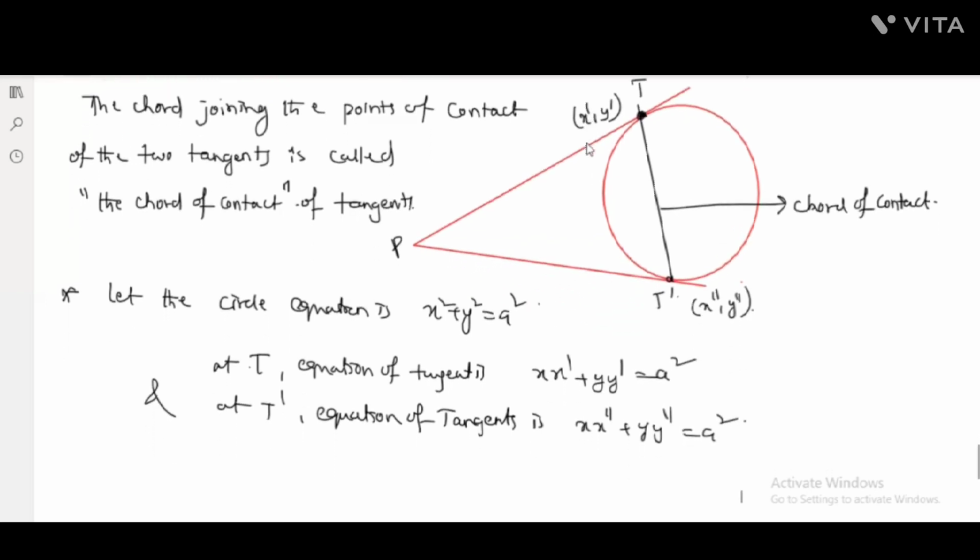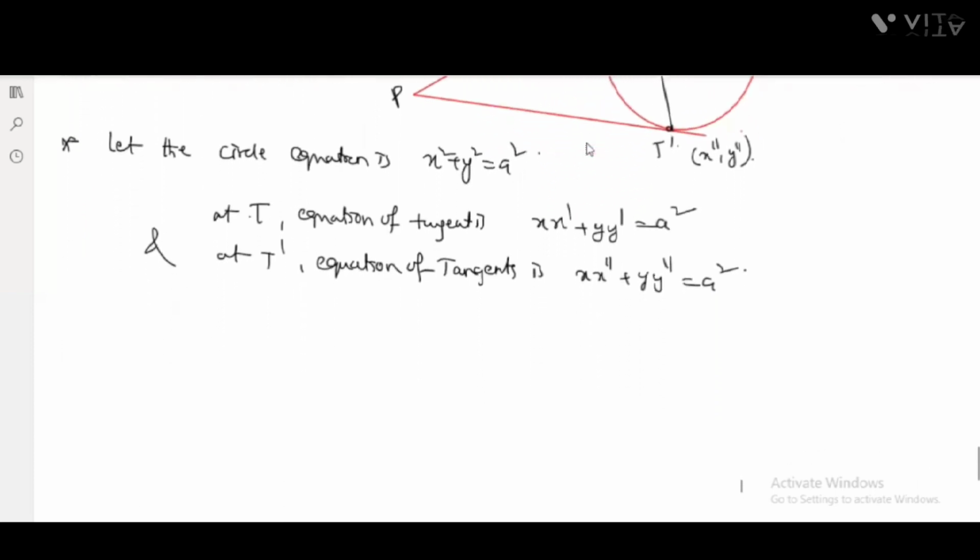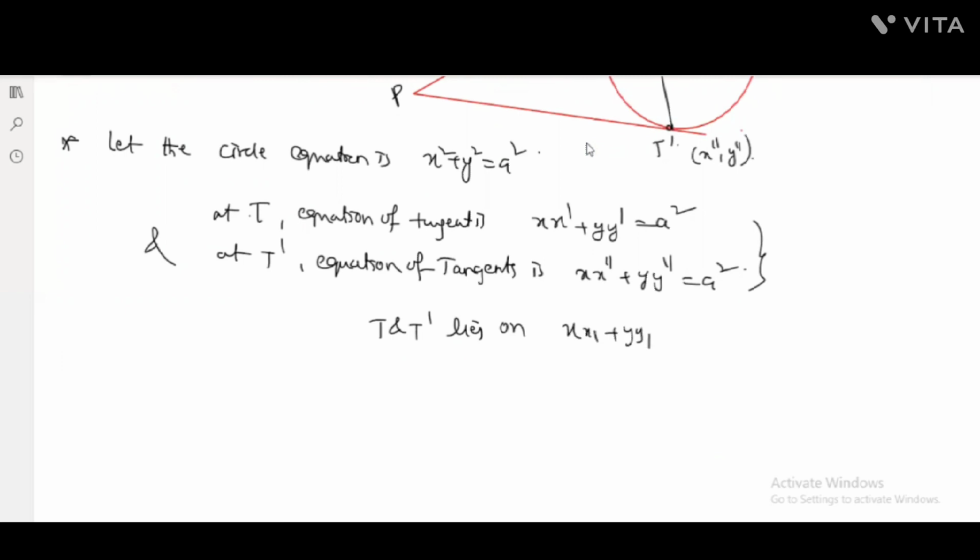So these points T and T dash lie on x x1 plus y y1 is equal to a square. Here x1 and y1 are nothing but x dash, y dash and x double dash, y double dash.